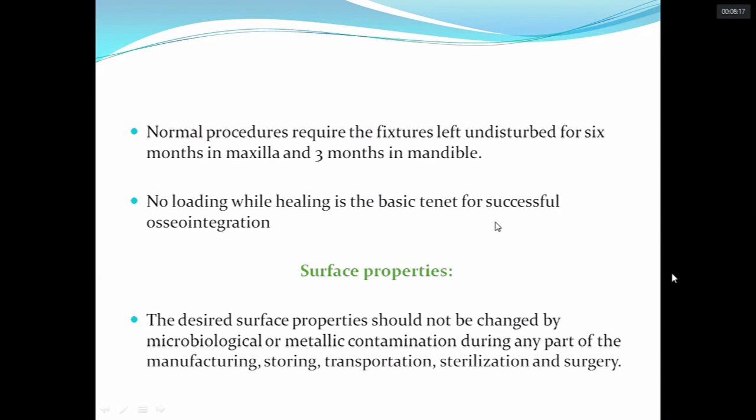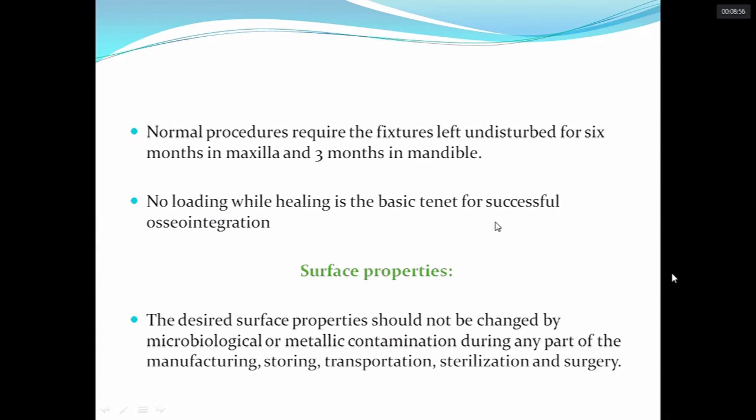Next, surface properties. The desired surface properties of the implant should not be changed by microbiological or metallic contamination during any part of manufacturing, storing, transporting, sterilization, and surgery. So this means that the implant surface should not be contaminated in any way till you place the implant in the patient's mouth.